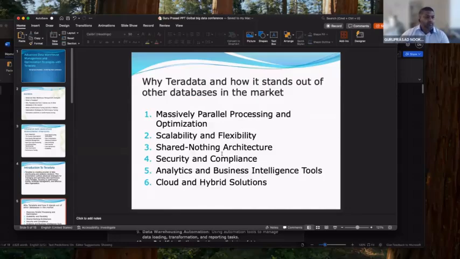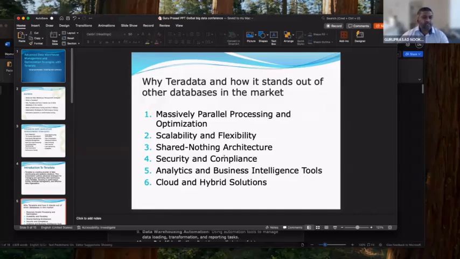Moving to the next one, why Teradata and how it stands out from other databases in the market. Teradata is a leading database system, particularly known for its data warehousing and analytical capabilities. It stands out from other databases due to several key features.